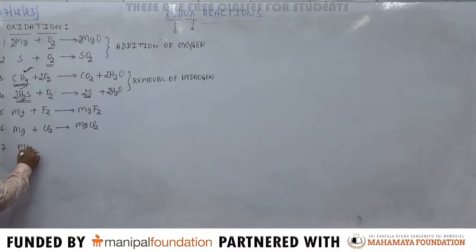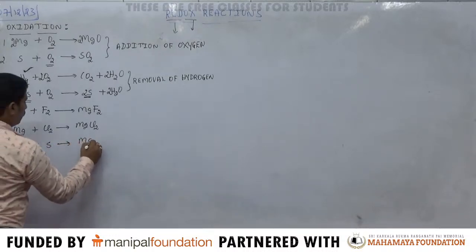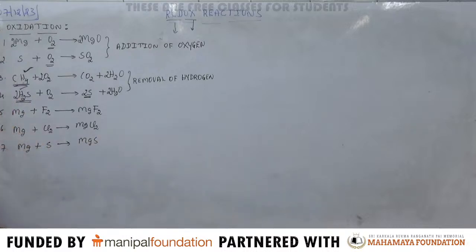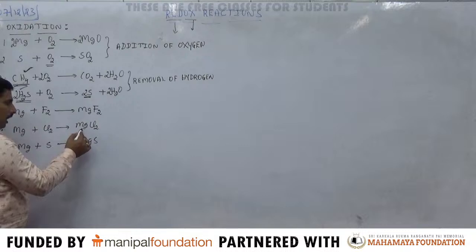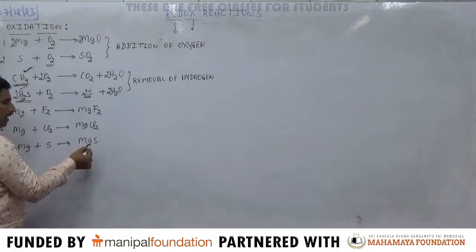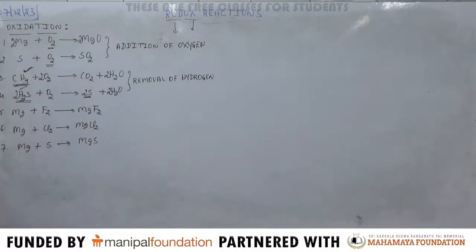When the magnesium undergoes reaction with the sulfur, there will be a formation of magnesium sulfide. So magnesium fluoride, magnesium chloride, magnesium sulfide.